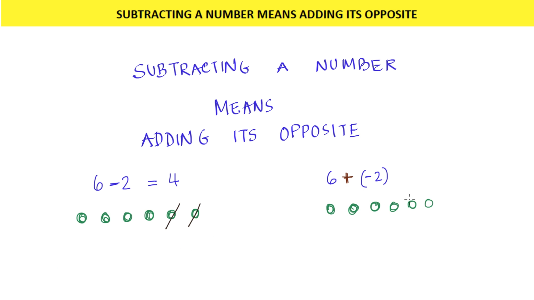So this is positive 6, and then we are adding negative 2. This is negative 2. And we know that a number and its opposite, when you add them, it gives you 0. So this plus this gives you 0. This plus this gives you 0. And you're left with 4 positive, and so your answer is 4. In both the cases, you're left with 4 positive.